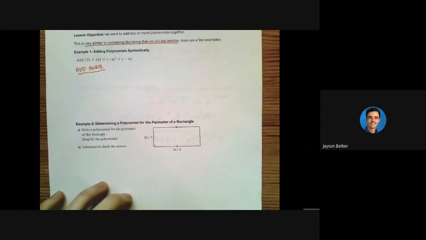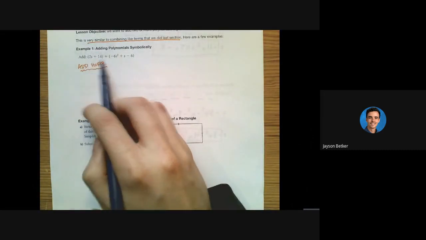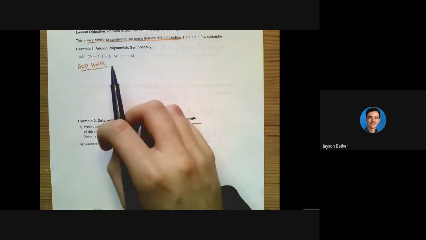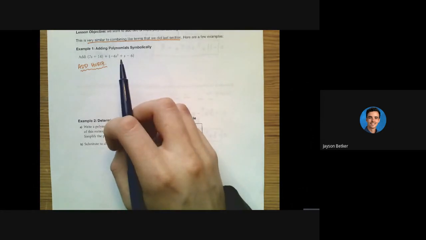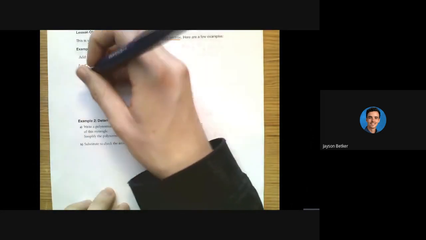All right. So what we do when we're adding horizontally, let's take a look at our problem: 7s plus 14 plus negative 6s squared plus s minus 6. The first thing I want to do is get rid of the brackets.